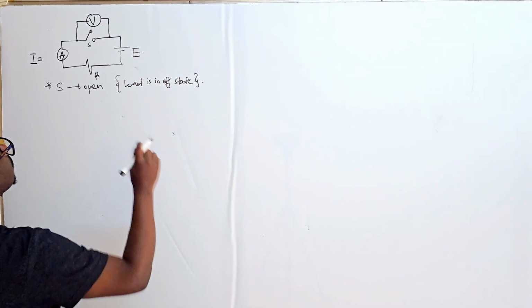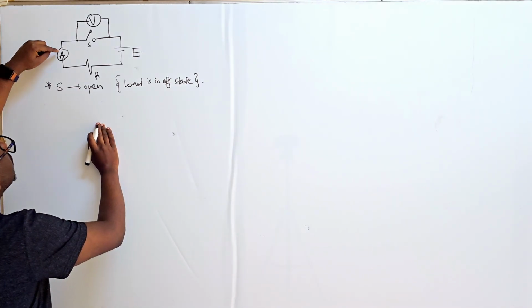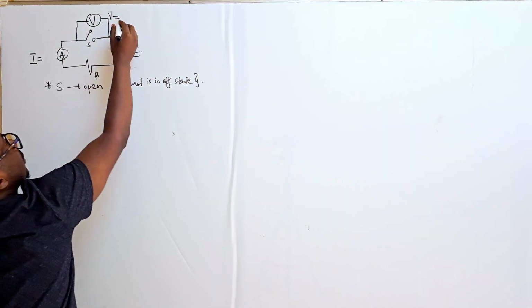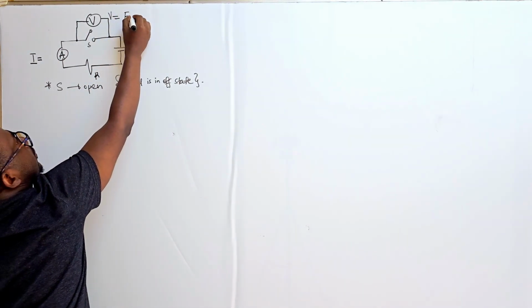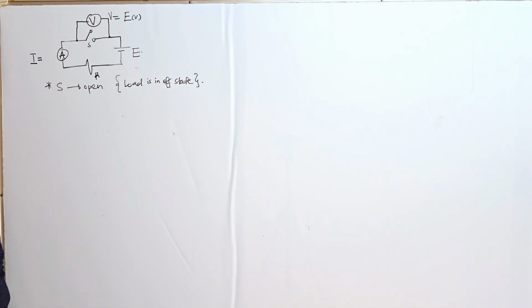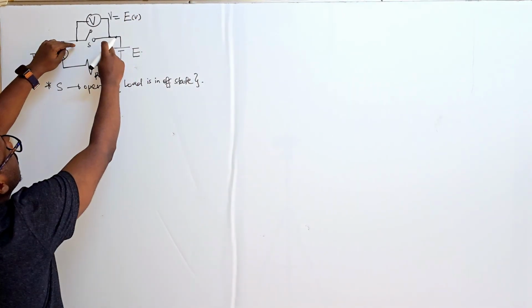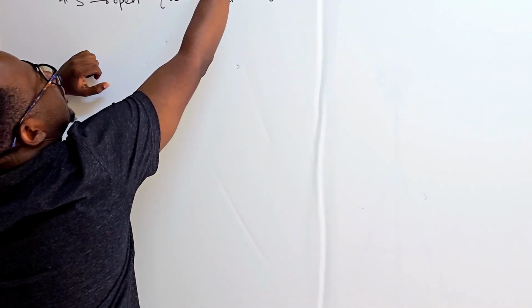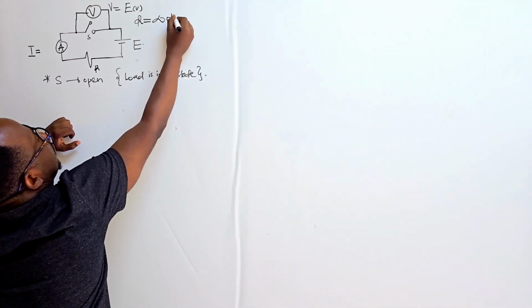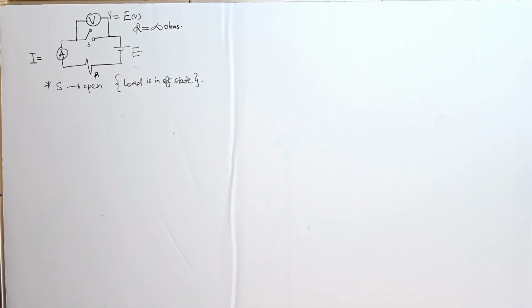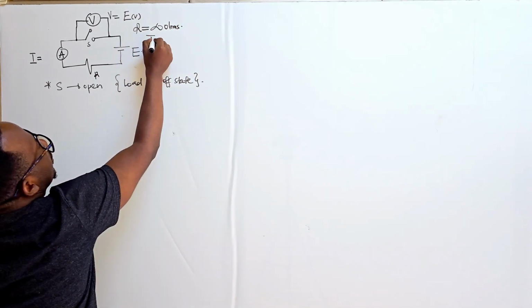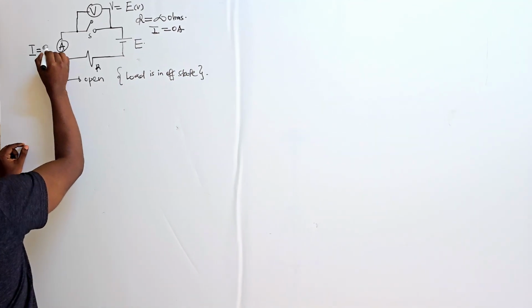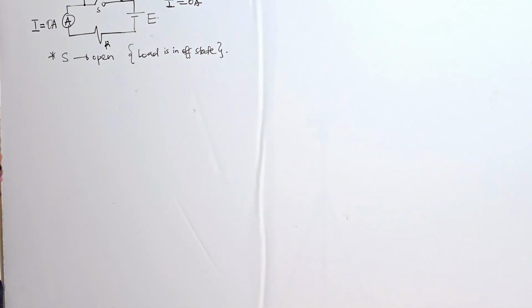So if the switch is open, what are we going to get from the voltmeter? We are going to get E volts because the switch is open. So the resistance of the switch is infinity ohms. And the current I flowing when the switch is open is 0 amps.